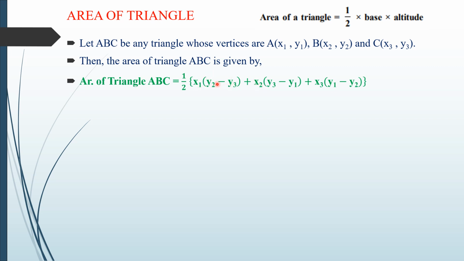So you can see here 2 has shifted to this next term, 3 has shifted to 2's location and 1 has shifted to 3's location. Now again 3 will come to 2's location, 1 will come to 3's location and 2 will go to the first 1's location. This is how you can remember this formula.